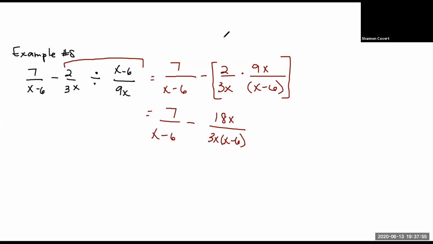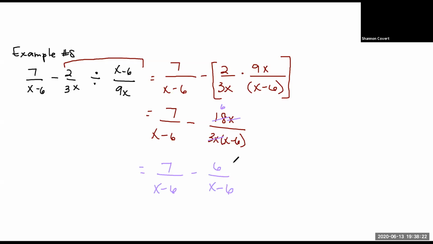I'm going to go ahead and reduce what I can in this piece. This becomes 6. So I have 7 over x minus 6 minus 6 over x minus 6.